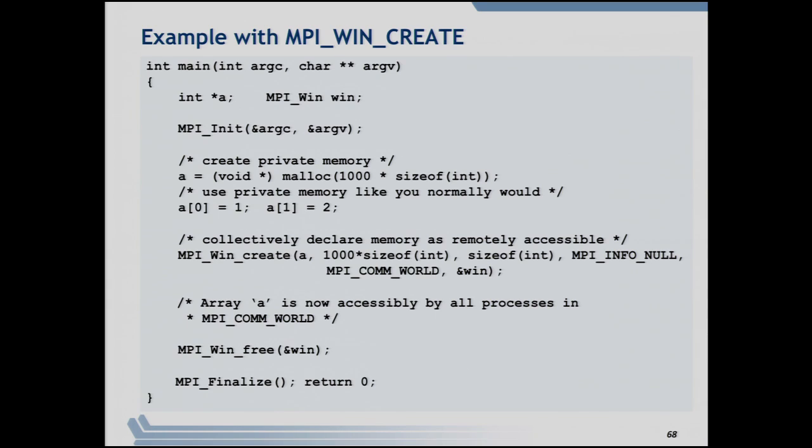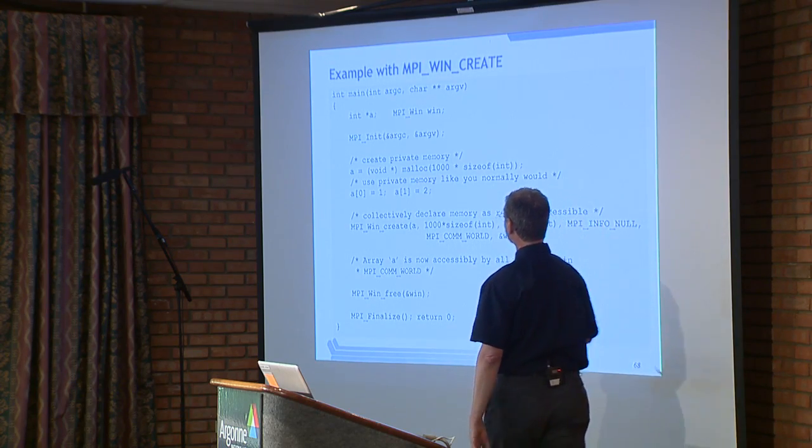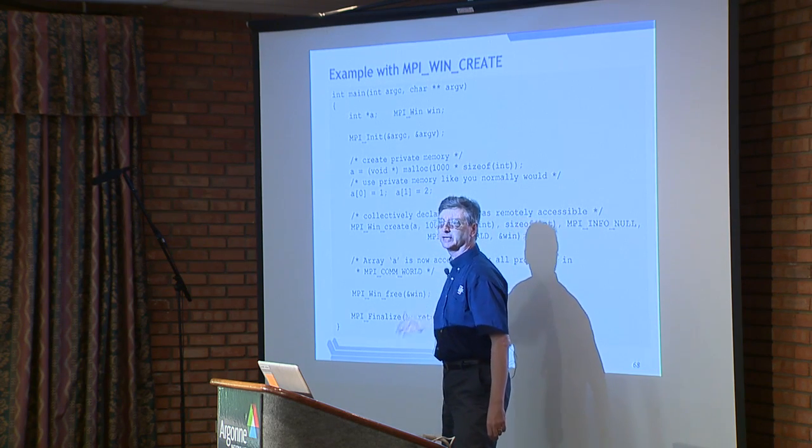So now every process can access this array by using the communication routines that I haven't shown you yet. But I can do it directly without necessarily this other process having to do anything. When you're done, you free it just like you'd free a communicator.